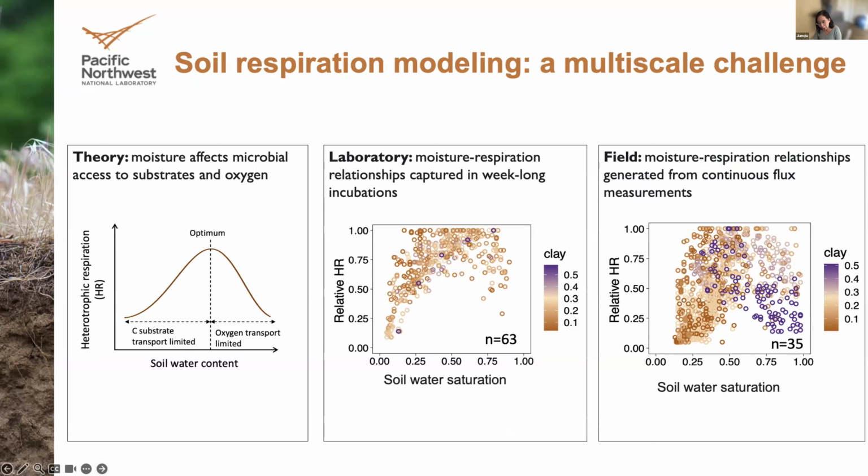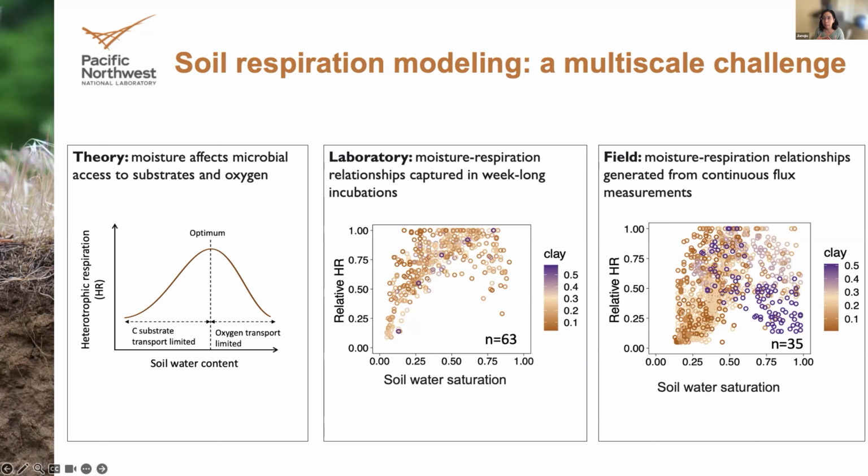Microbial respiration will usually peak at intermediate moisture conditions. In theory, that's the optimal moisture level that allows solute diffusion, which carries carbon substrate, and gas diffusion, which carries oxygen, for the reaction to occur. So that's the theoretical basis.